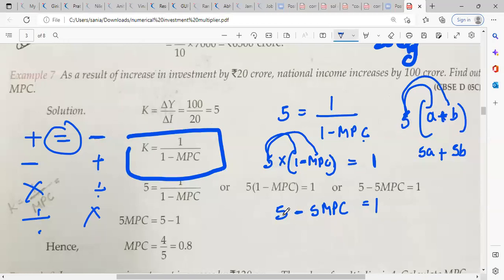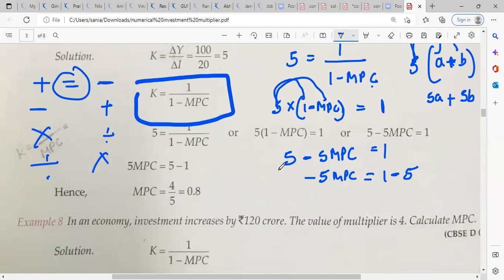Understood. Right? And now you have to check the sign in front of 5. In front of 5 it is plus, because there is no sign, that means it is in plus state, right? So 5 MPC will remain here. This will go here, so it will be 1 minus 5. Because it was positive here, it became negative there, right? Minus 5. Hearing the point? Yes, ma'am.